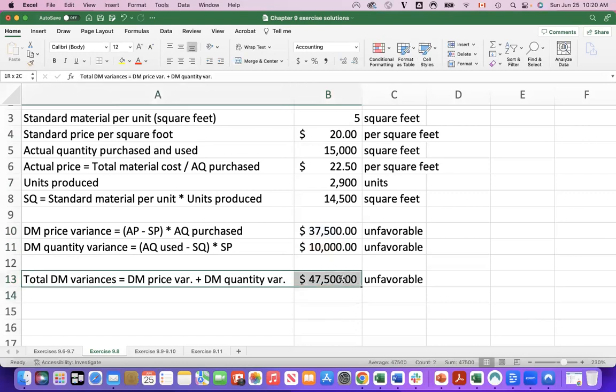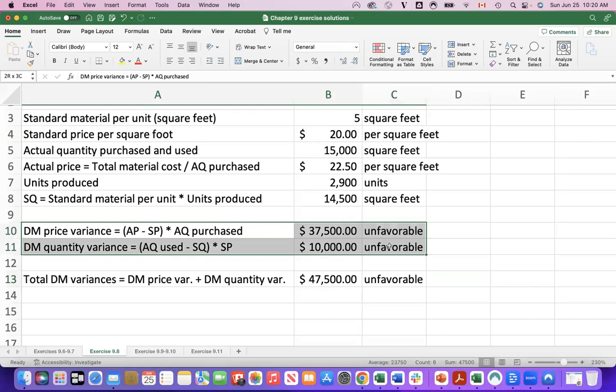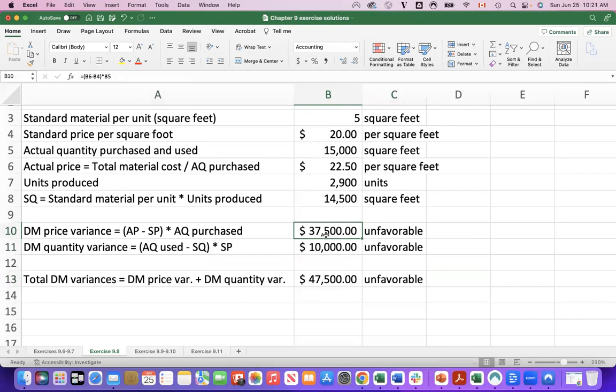Again, remember what this number represents: the fact that we overspent on materials during this period by $47,500. Us doing all of this work lets us know what went into this overpayment. We can see that of the $47,500, $37,500 can be attributed to the fact that we paid $2.50 more per square foot than anticipated.